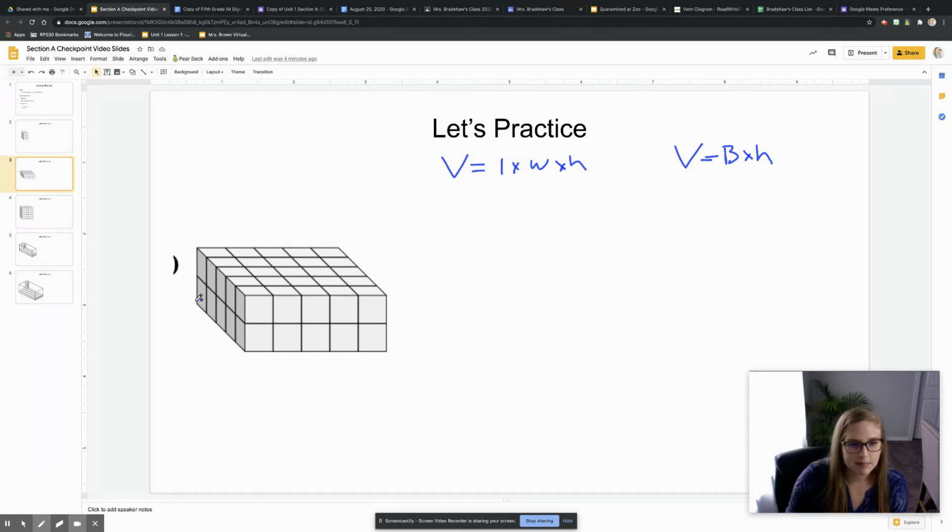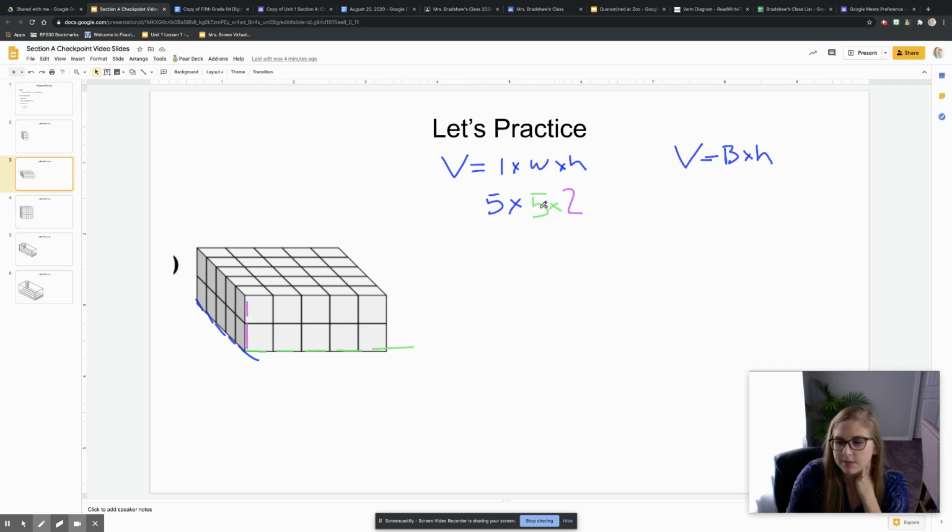For my length, I'm going to measure it. 1, 2, 3, 4, 5 cubes for my length times my width, which is 1, 2, 3, 4, 5. And my height, remember that's asking how many layers there are. I have 1, 2 layers.